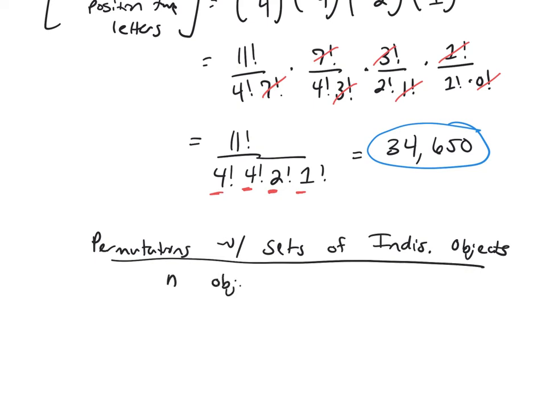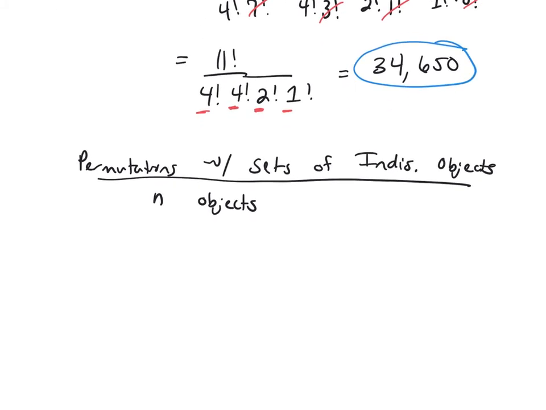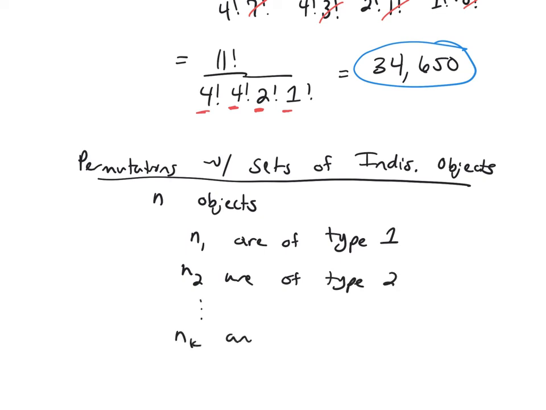So let's say we have n objects in total, like 11 letters, but within those we have so many that are indistinguishable, that are the same. So n1 are of type 1, like in the last example, 4 of them were S's, and n2 are of type 2, and so forth, and nk are of type k.